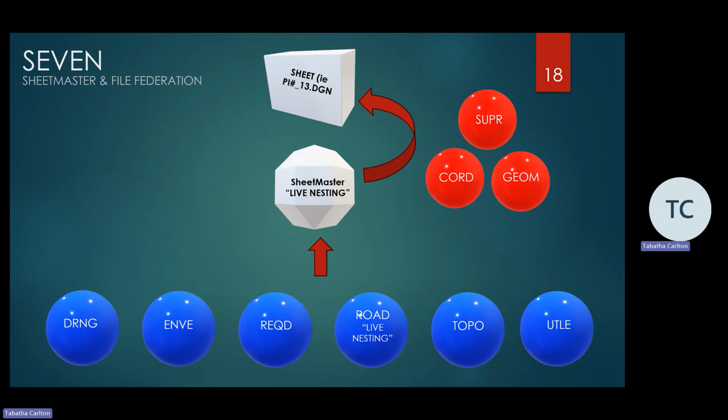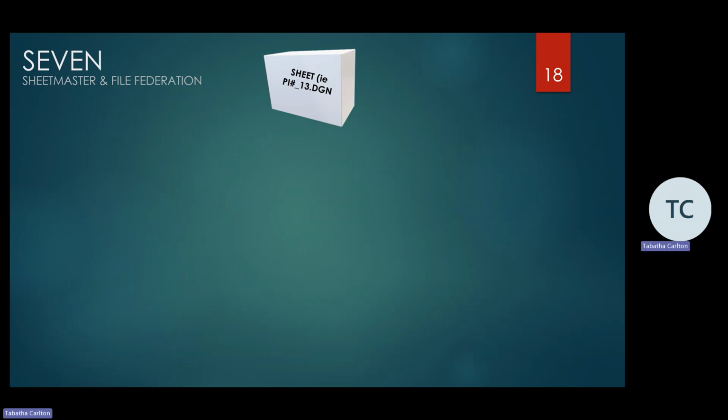So let me go back here. For the construction plan sheets, your 13s, you would have a PI number 13.dgn. The only file that's attached to that is the sheet master using live nesting. I have talked with GDOT about this, and when you attach the sheet master, they set up all the settings in there.